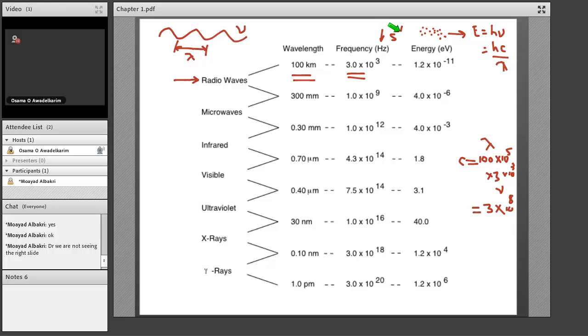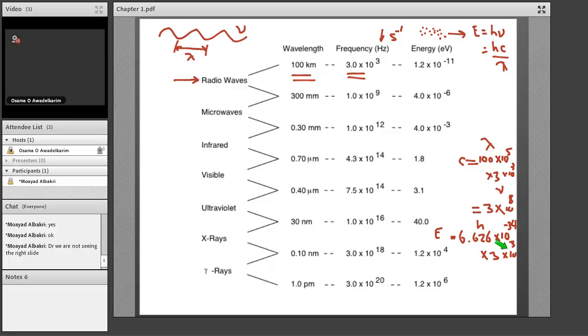What's the energy of the photon? The energy of the photon is h, which is 6.626 times 10 to minus 34 joule seconds, times the frequency, which is 3 times 10 to the power 3.